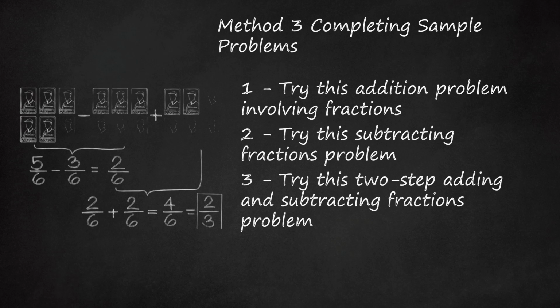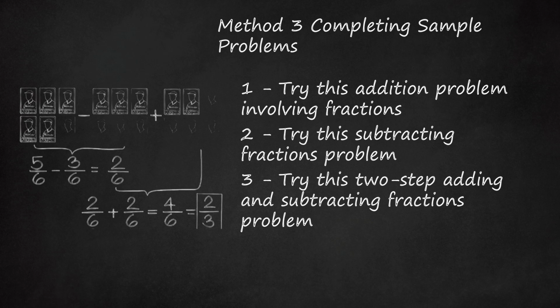Placing the difference of the numerators over the original denominator, you get 5/6 minus 3/6 equals 2/6. So, after she gives some cards to Essie, Donna has 2/6 of the set.